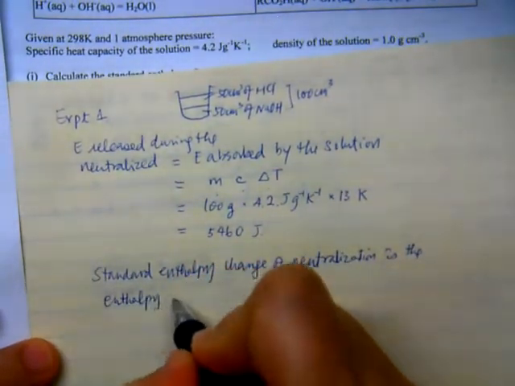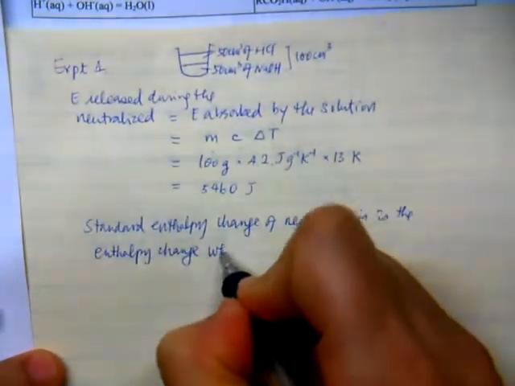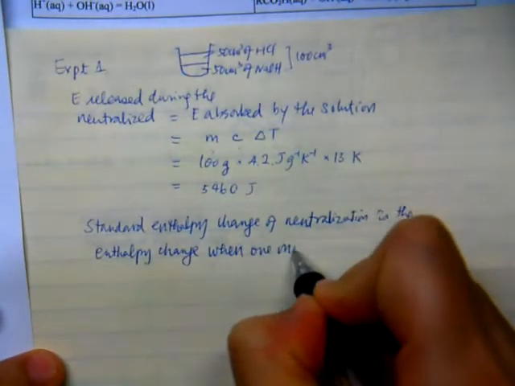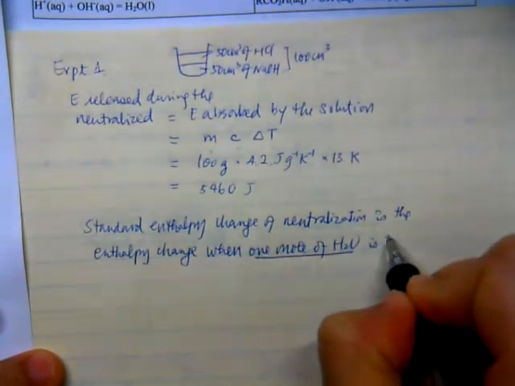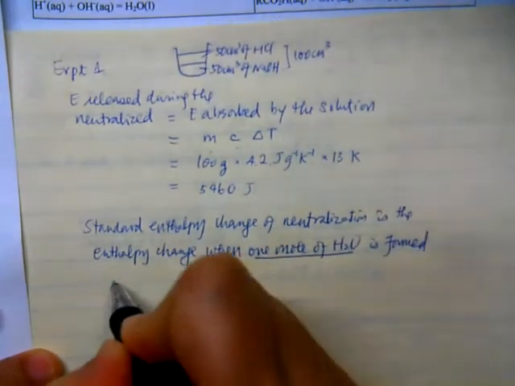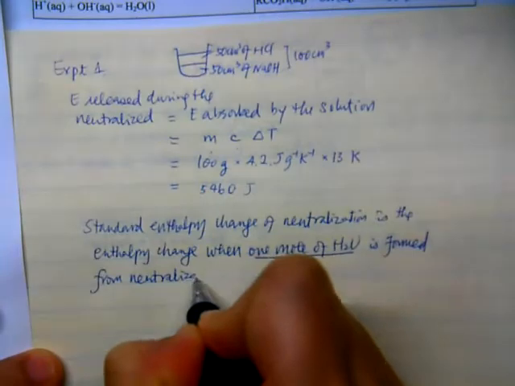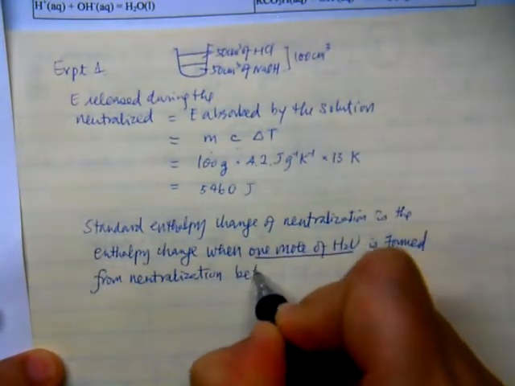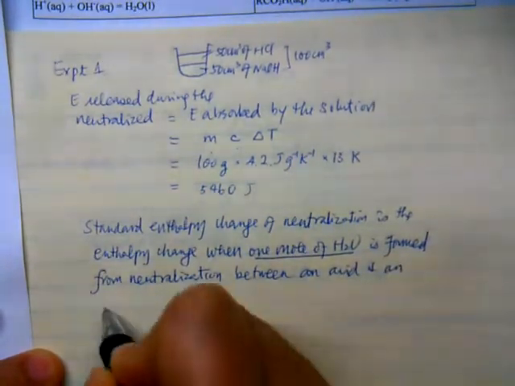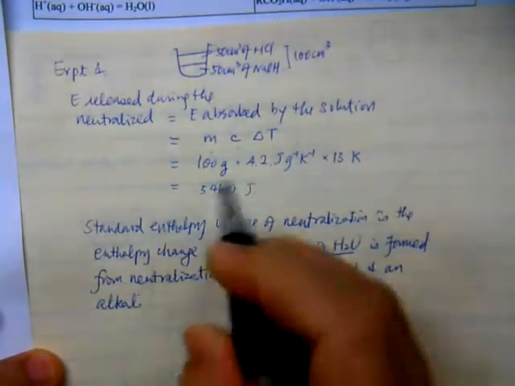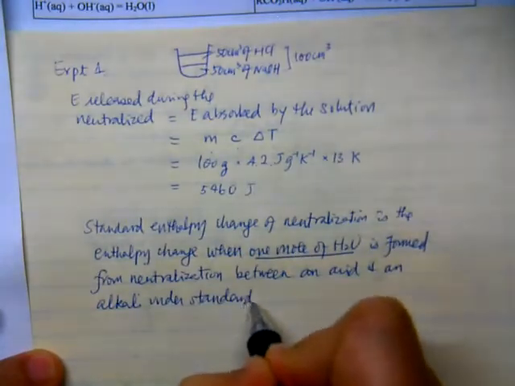To remember the format for the definition: it is the enthalpy change when 1 mole of water, underline, when 1 mole of water is formed from the neutralization between an acid and an alkali under standard conditions.